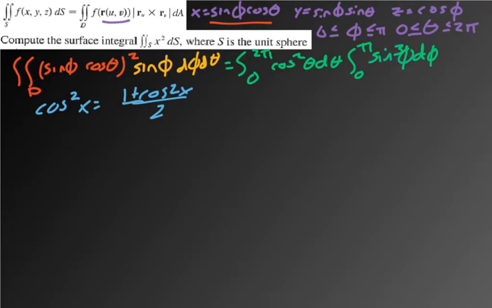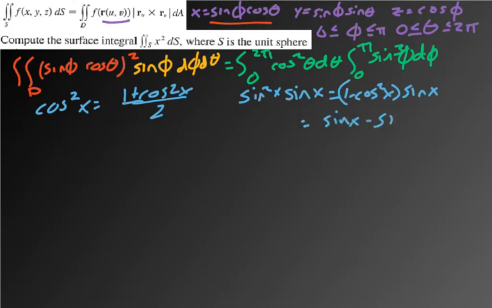And for this one, I would do sine squared x times sine of x, which is sine cubed of x. And then you can do sine squared is 1 minus cosine squared. And the way to do that integral is, when you multiply in the sine of x, right?